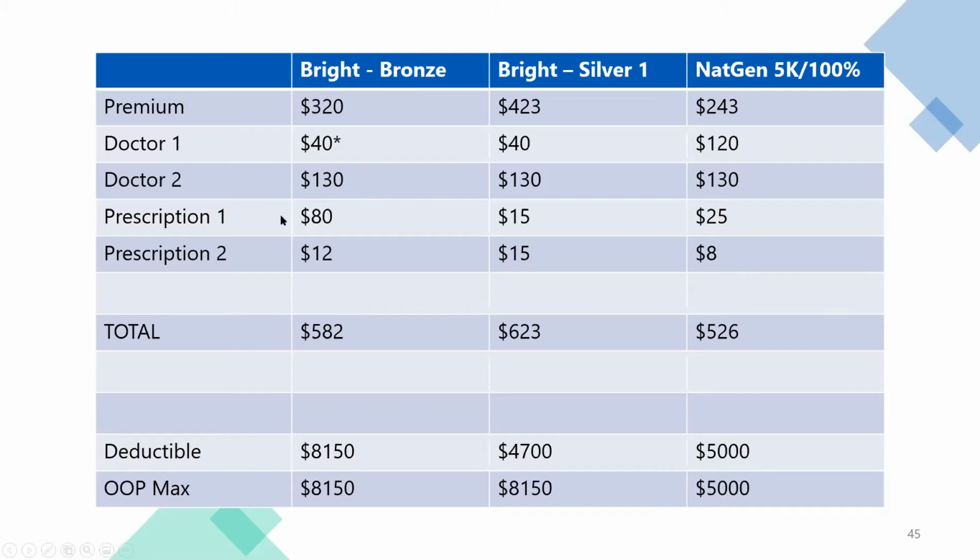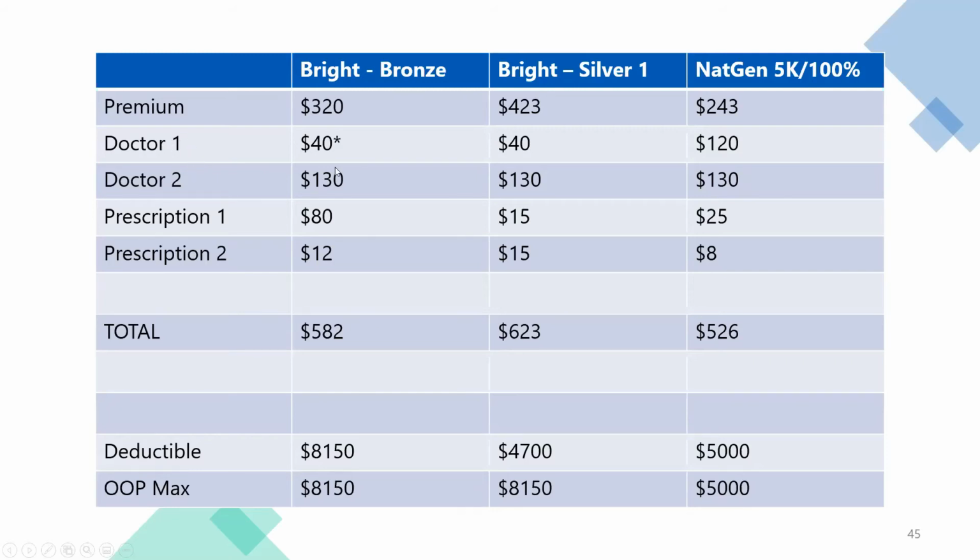All right, let's look at the prescriptions. This is going to be full price for generics on the bronze plan, and $15 copays for both of these on the silver. So full price, GoodRx discount. Clearly we can see a pretty significant advantage over here on NatGen, especially keeping in mind that prescriptions are typically a standard refill every month, but the doctors maybe not, right?